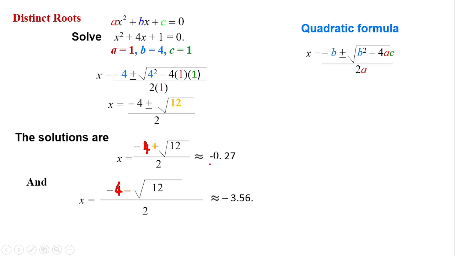So you are going to get the answer as one is 0.27, the other one is 0.36. So this is how you are going to get the answer.